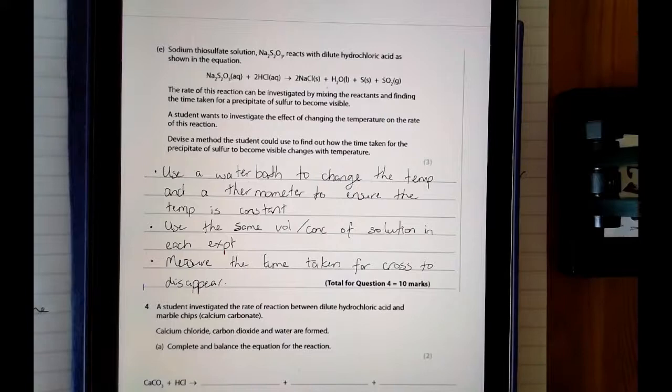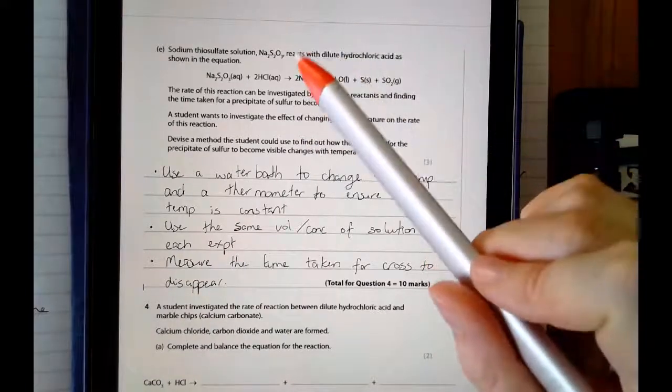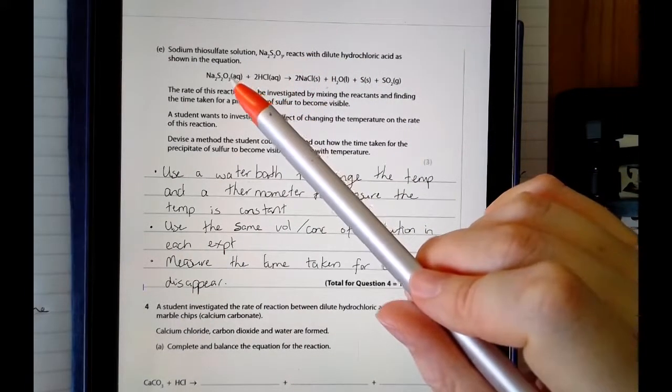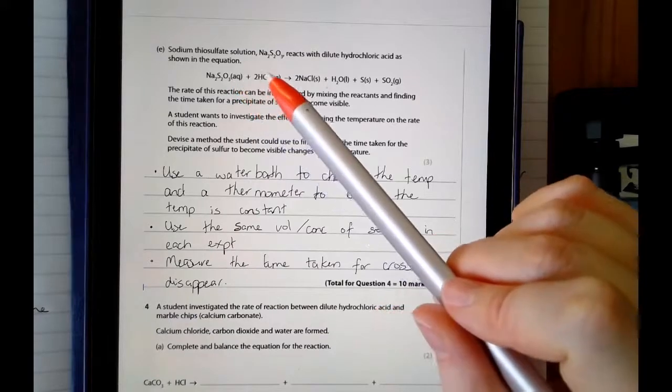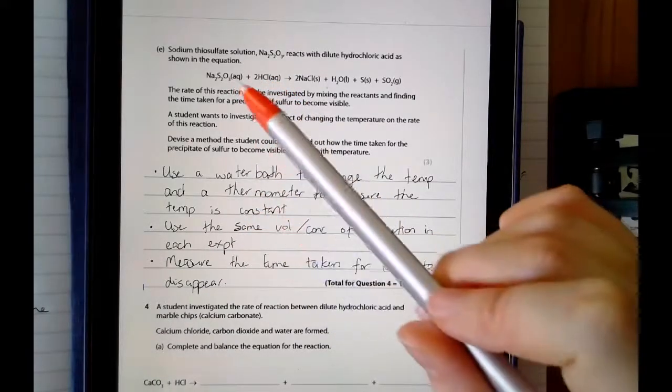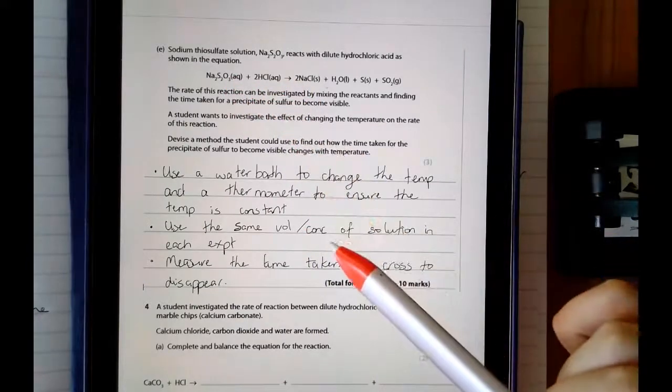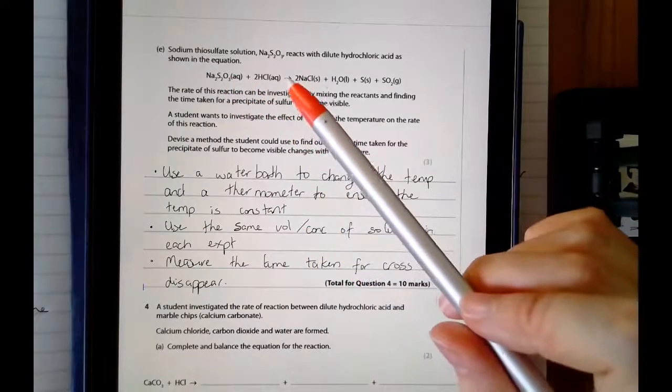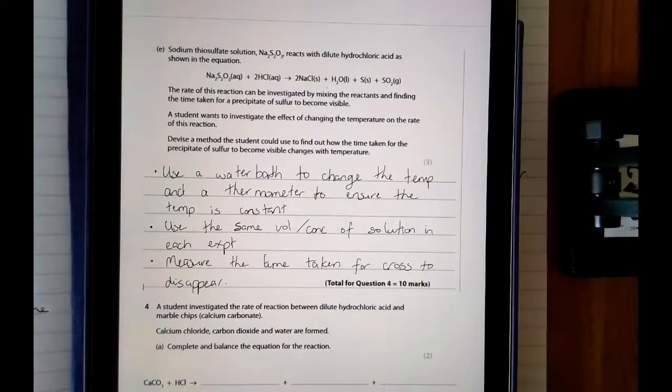I need to say what I would keep the same. So in each reaction, you're combining sodium thiosulfate with hydrochloric acid. So I've said you're going to use the same volume, okay, so the same amount each time, the same concentration of hydrochloric acid each time, to keep the experiment fair. Then you also need to say what you're actually measuring.